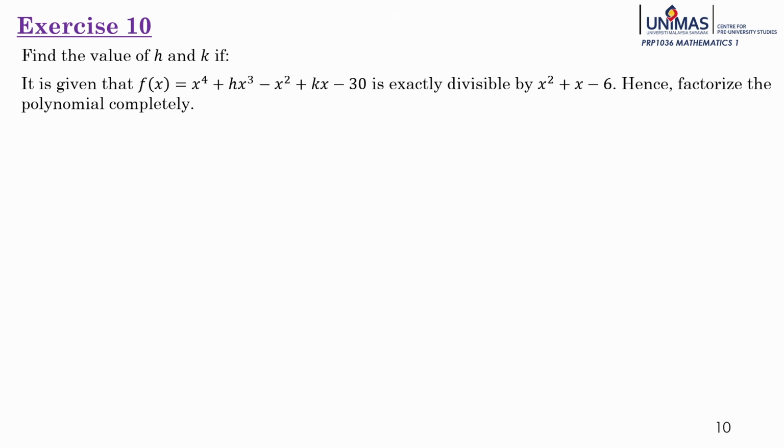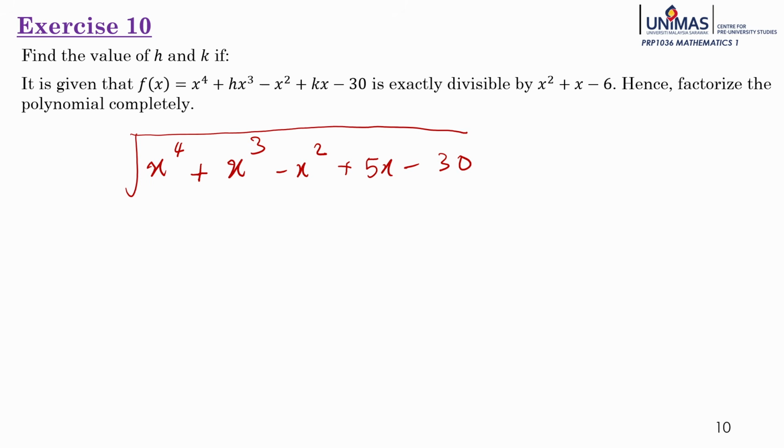Now we continue to solve this one. To factorize, like I mentioned before, we can use long division. So x to the power of 4 plus h x cubed, h is 1, so x cubed, minus x squared plus k x, so 5x, minus 30, divided by x squared plus x minus 6.